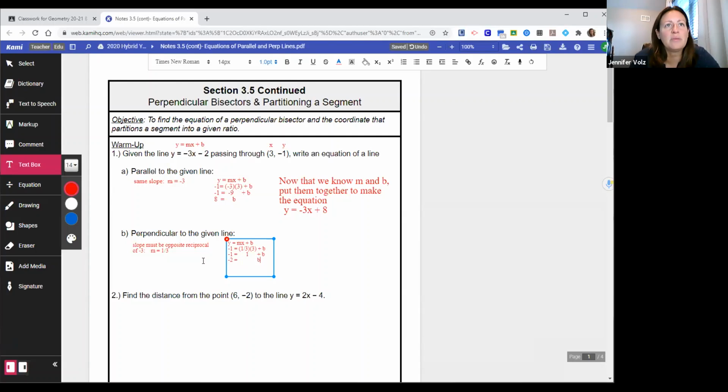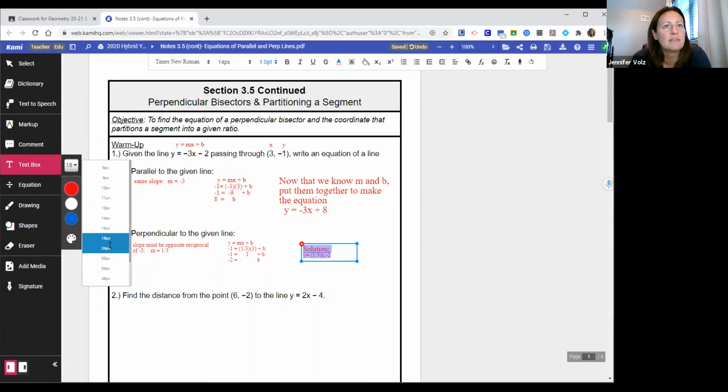So now that we have our m and our b, we put it back together to make the final solution. y equals 1/3 is the slope, x minus 2. That's the equation of a line that is perpendicular to that line and goes through the point 3, -1.